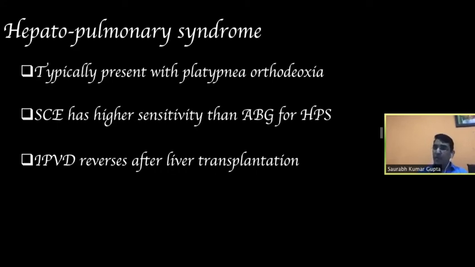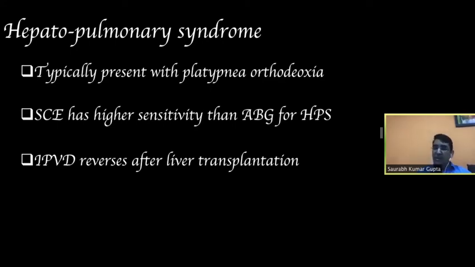In hepatopulmonary syndrome, this happens because the pulmonary vascular dilatation is predominantly in the basal regions of the lung, and that is why once the patient is standing up, the shunt increases multifold and becomes more apparent. And saline echocardiography has higher sensitivity than even ABG for picking up hepatopulmonary syndrome, and that is the relevance of why we should be aware of this condition.